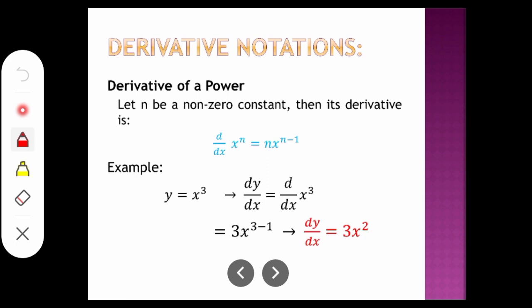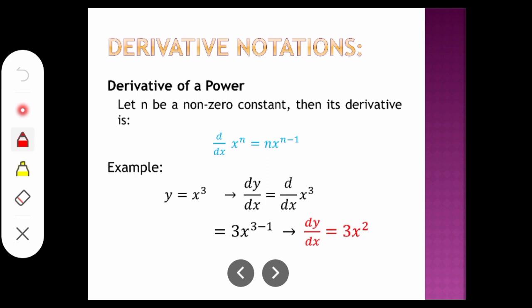The next rule in differentiation is the derivative of a power. Let n be a non-zero constant, then the derivative d with respect to x of x raised to n is equal to n x raised to n minus 1. Let's have an example: y equals x cubed.